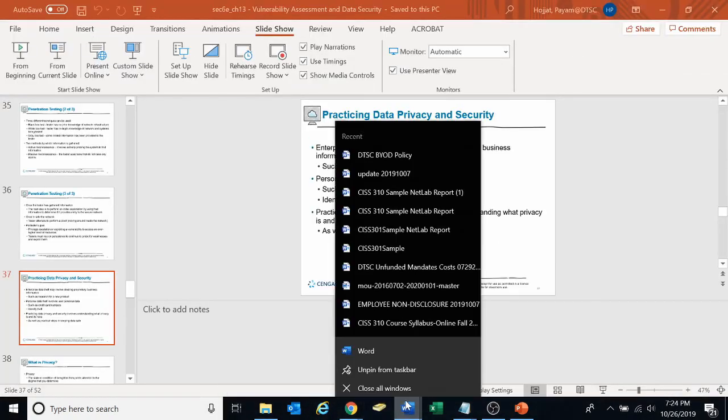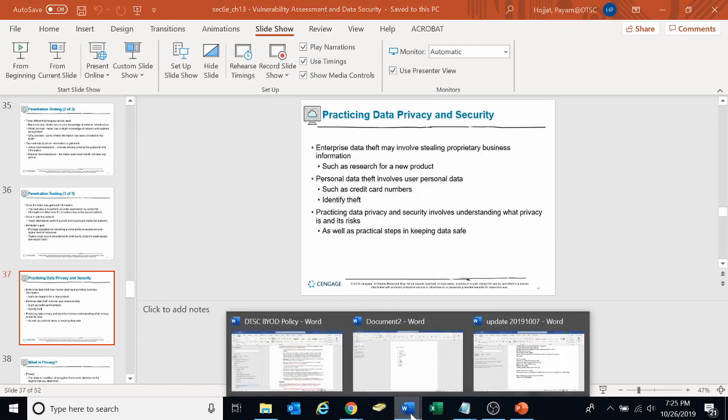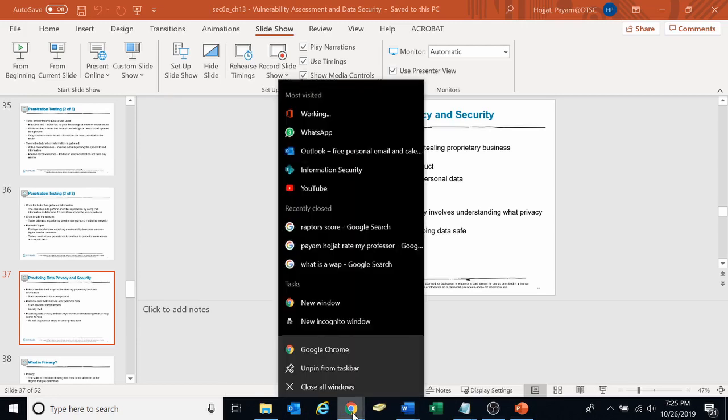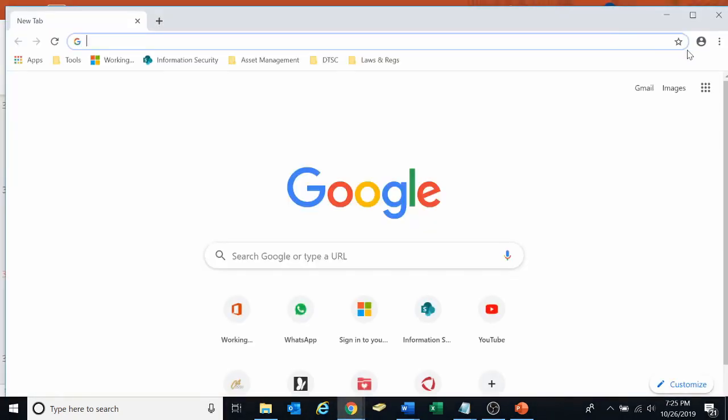Let me bring that up for you guys. Laws and regulations.